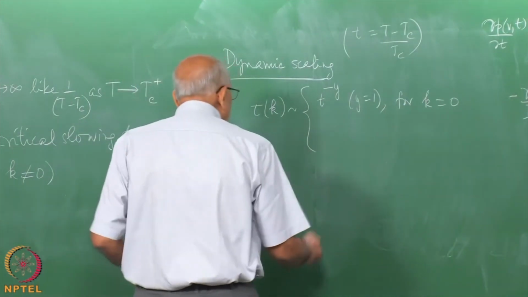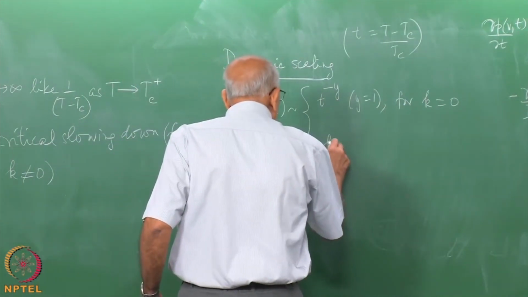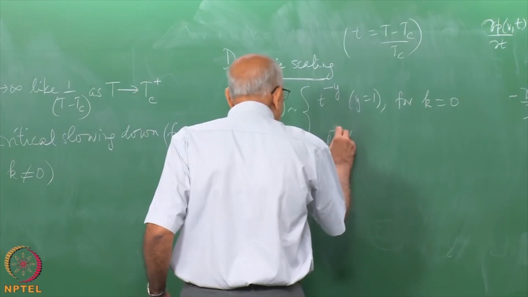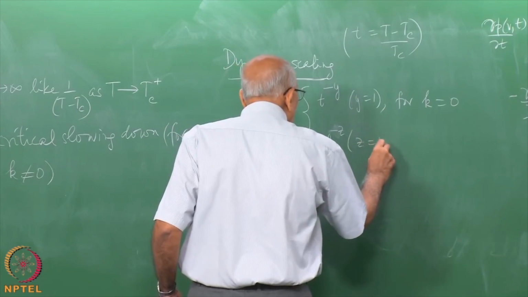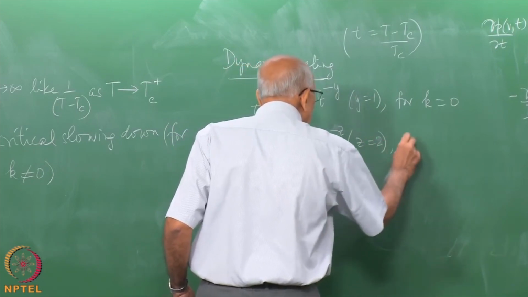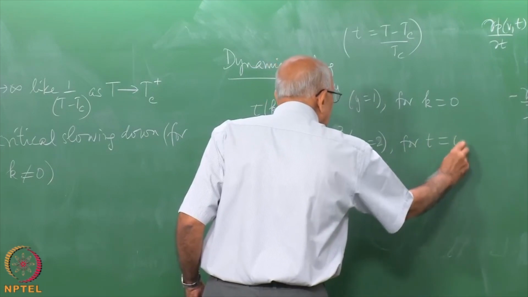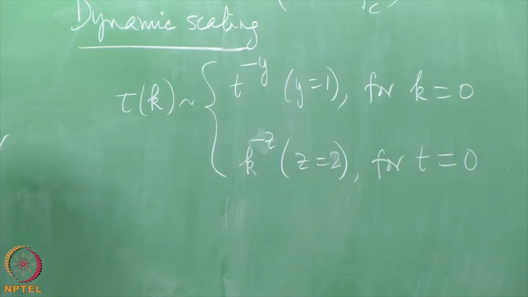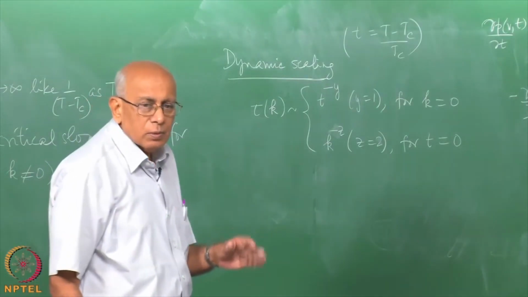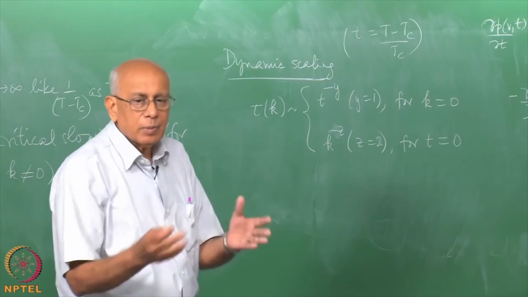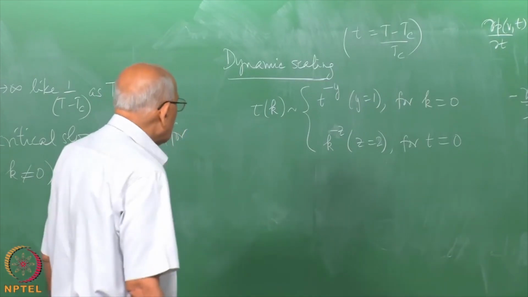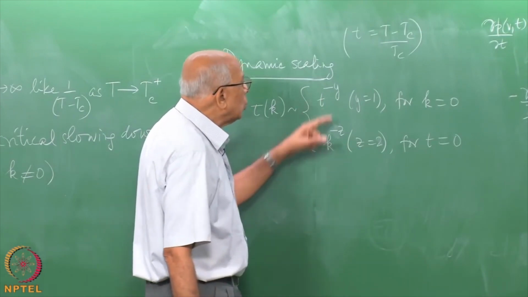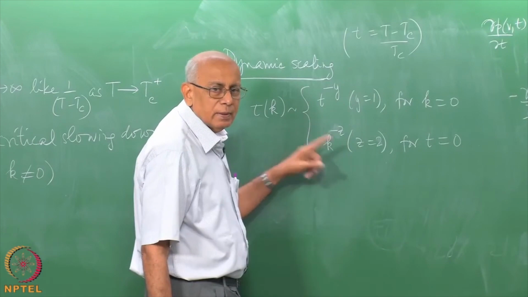And it went like k to the power minus z, these are standard symbols, z equal to 2, for t equal to 0. At the critical point, the other modes, the 1 over tau k was exactly proportional to k squared, and therefore tau k is proportional to k to the minus 2, okay. So we have introduced two new exponents y and z out here.